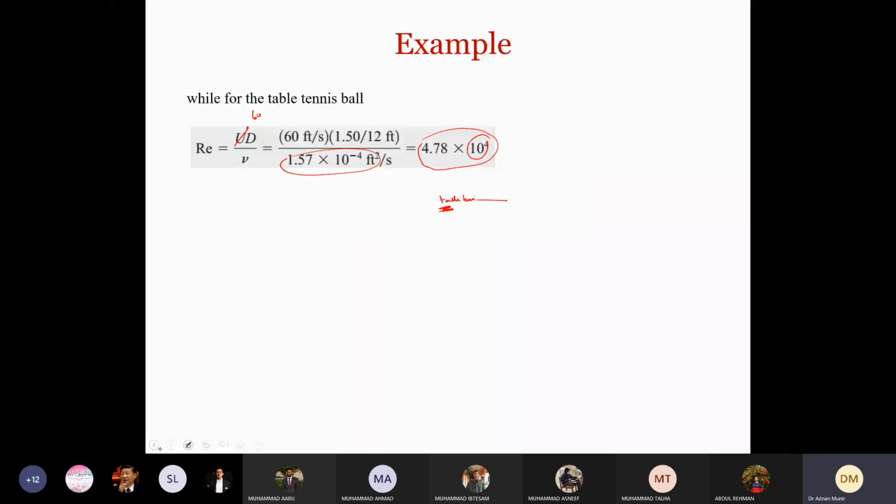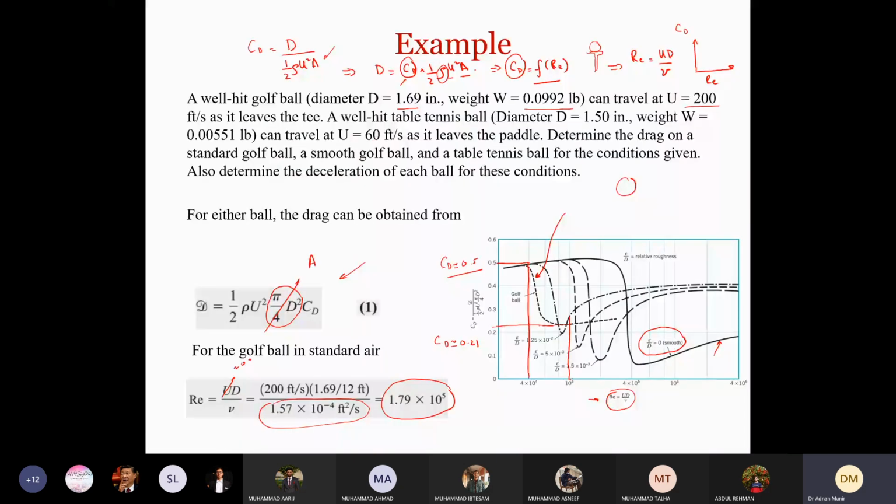We are asked to determine the drag on the standard golf ball, the smooth golf ball, and the table tennis ball. So he's giving us three conditions, right?